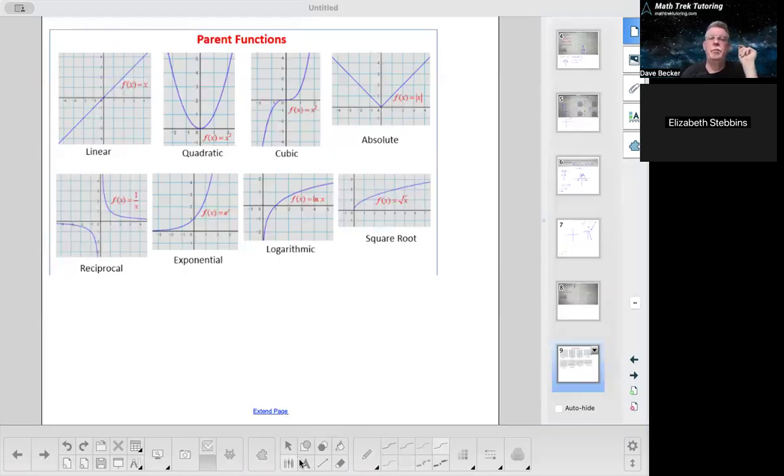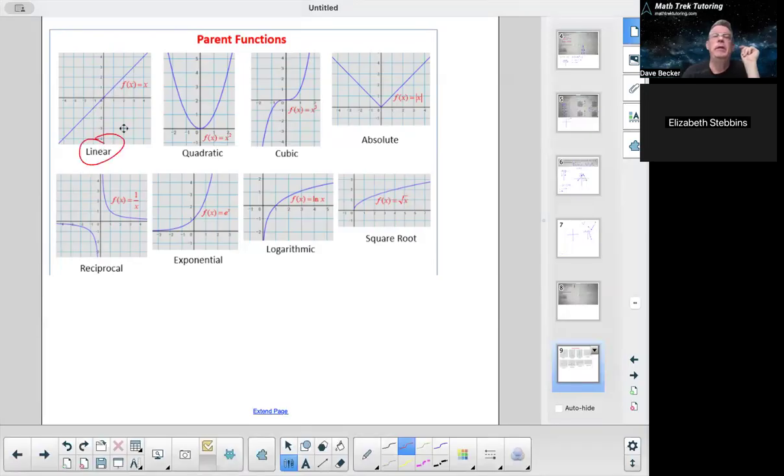So this is y equals x squared, the cubic function, the absolute value function. I'm sure that the questions could come from linear, quadratic, cubic, absolute value, and square root. So that shows you the basic shapes.